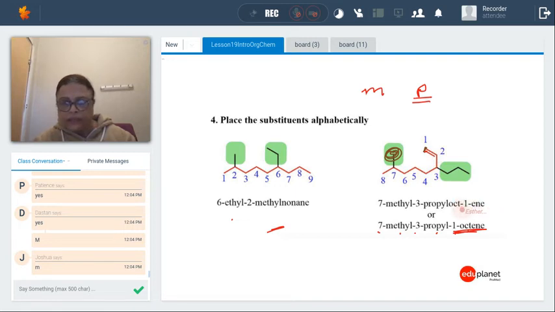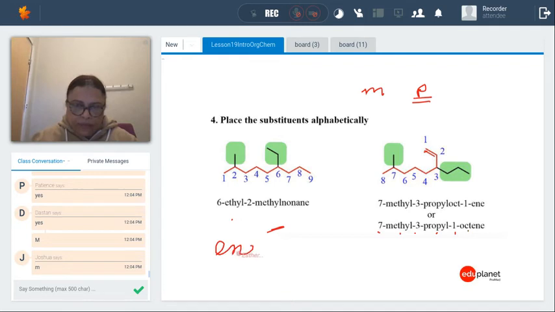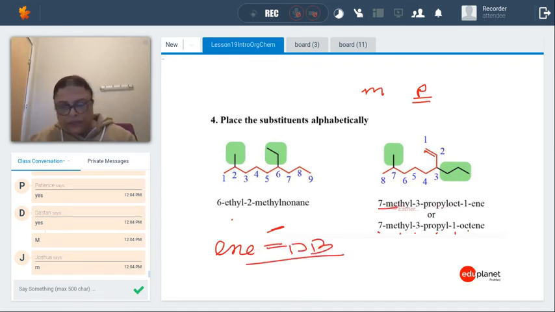Either is correct. So you have the 7-methyl-3-propyl oct-1-ene. The ene is a double bond. The ene is the same as a double bond. So 7-methyl-3-propyl, and the octane has the double bond at position 1.